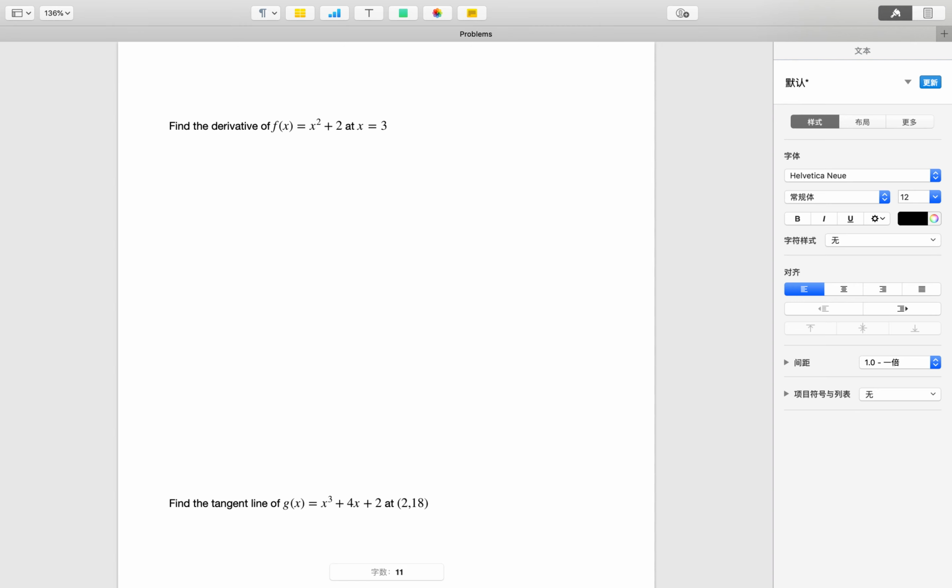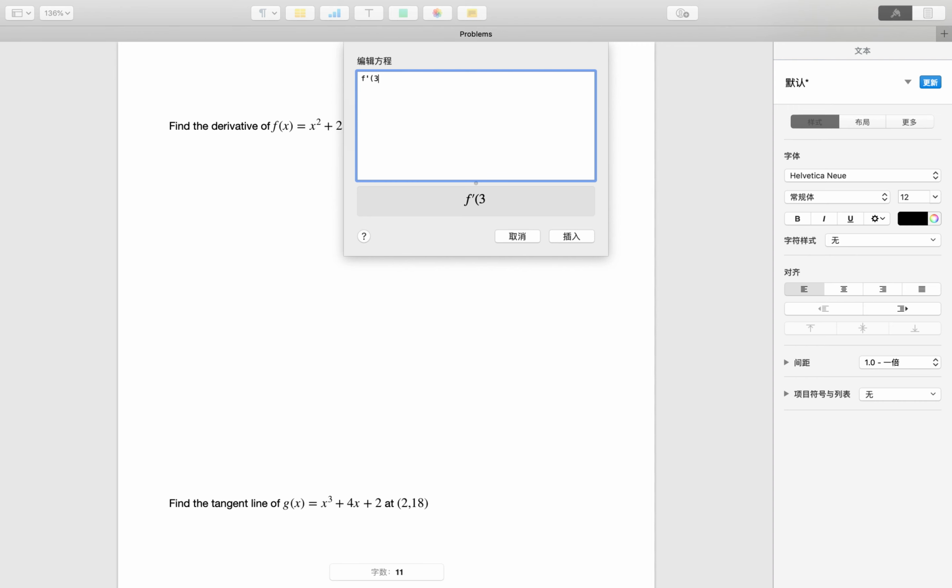So we are looking for f prime of 3, which equals the limit as x approaches 3 of f of x minus f of 3 over x minus 3.